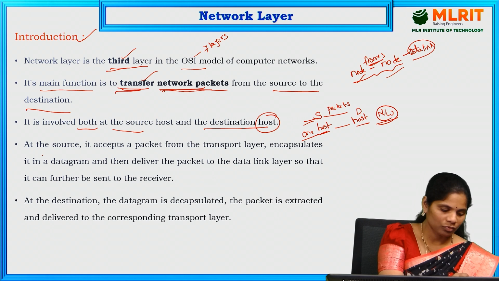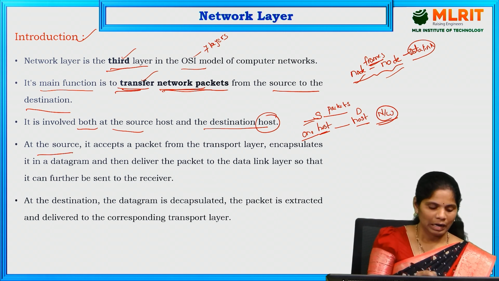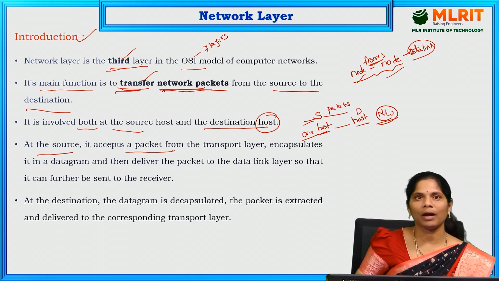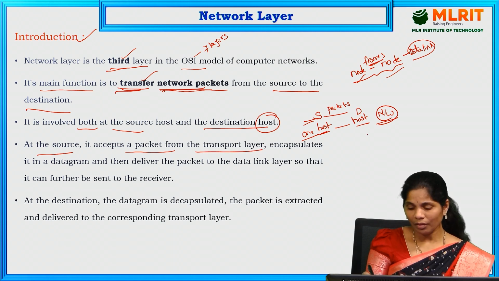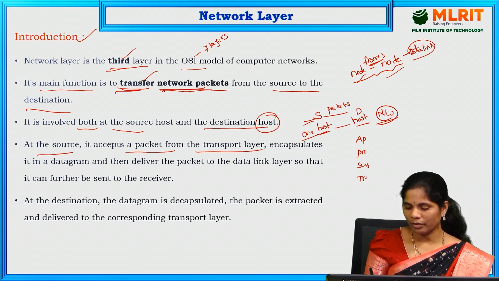At the source host, it accepts the packets. Whatever packets there are, we have to accept them from the transport layer. See the order in the OSI reference model: application layer, presentation layer, session layer, transport layer, network layer, data link layer, and finally the physical layer.